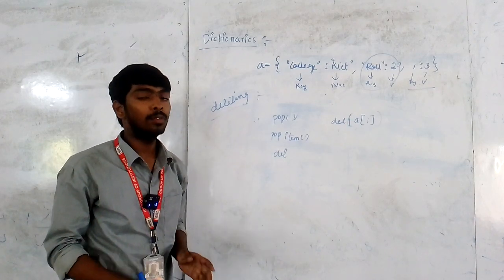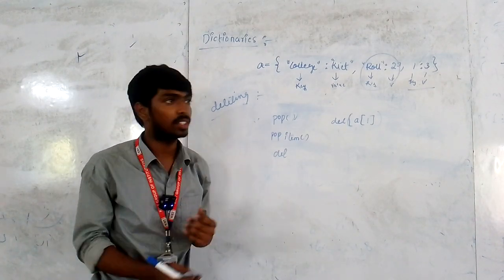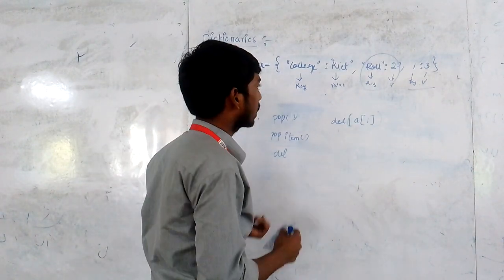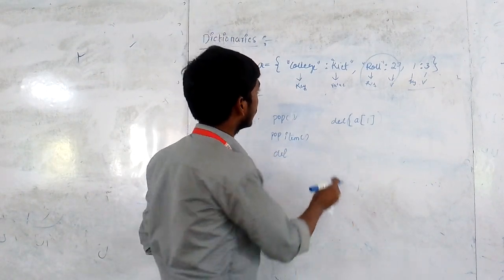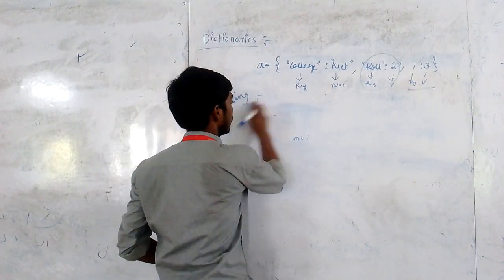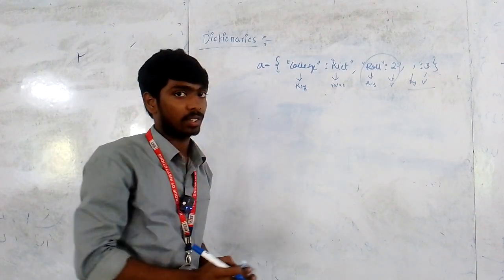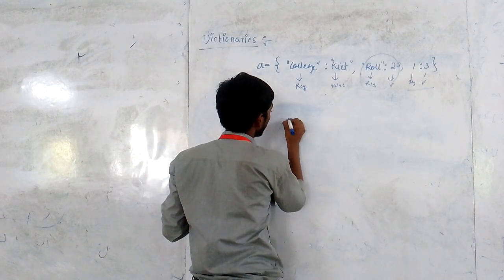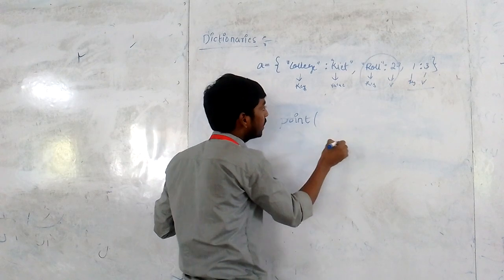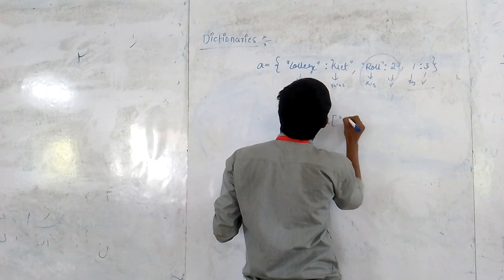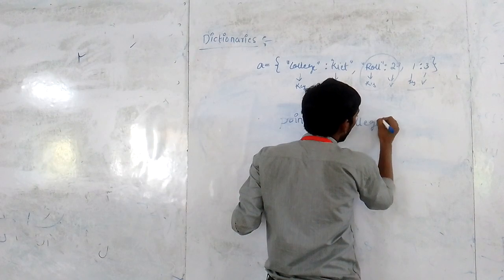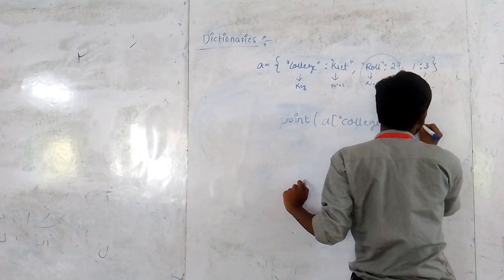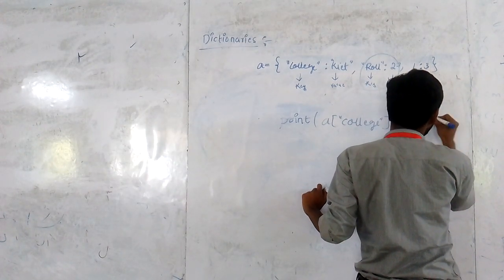So you have seen what a dictionary is, how we can access elements in a dictionary, how we can access keys, values, and items, and the other point is that you can change the values too. The last one is changing the values in a dictionary. It works like this: a of college equals kite plus.